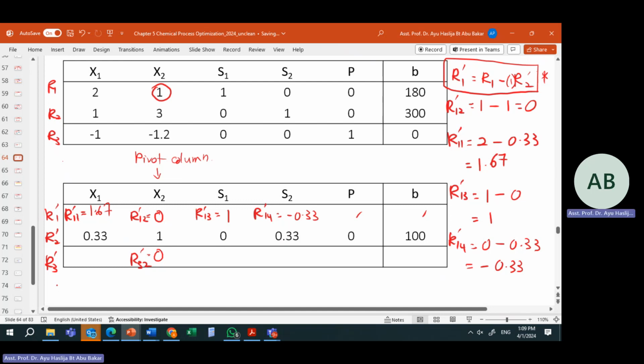Now we should find the factor for R prime 3 using the previous value, which is negative 1.2, involving the pivot value. Okay, so to zero the value, since R prime 2 is 1, in order to zero it, you must multiply with 1.2, R prime 2.